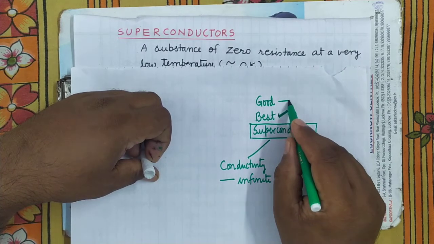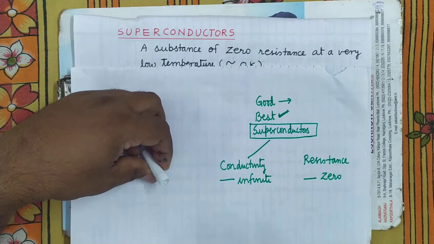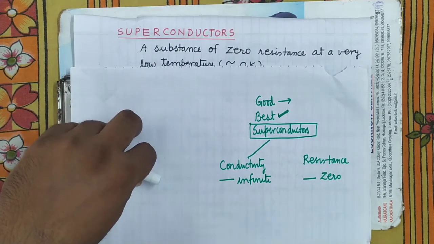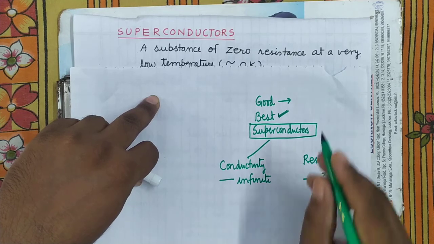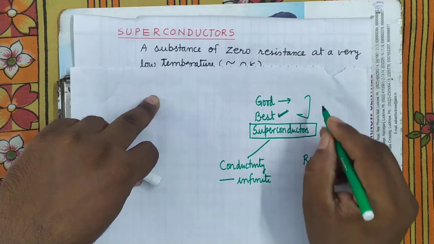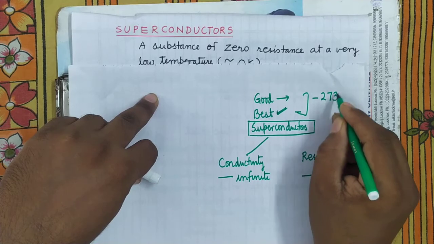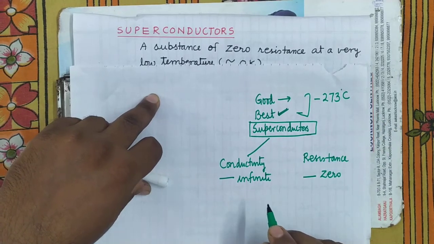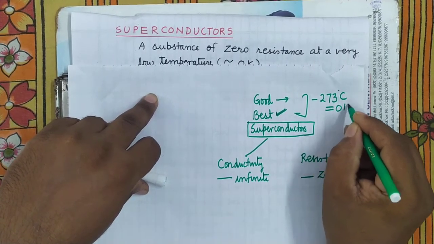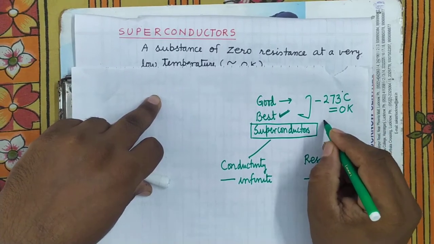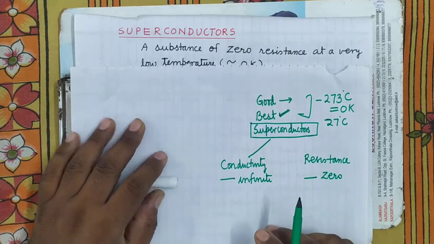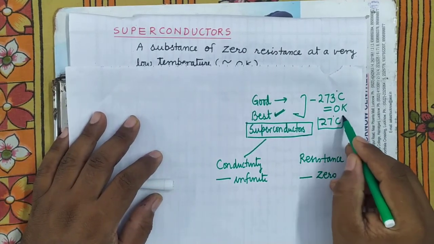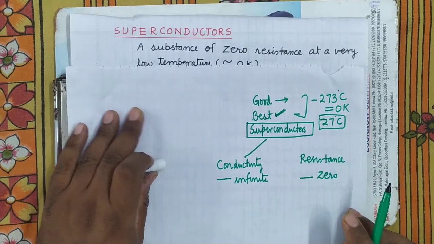Good conductors will remain good conductors at all values of temperature, whether the temperature is very low, minus 273 degrees Celsius, which we call 0 Kelvin, or 27 degrees Celsius, which is nearly room temperature. Room temperature, in standard practice, is taken as 27 degrees Celsius.